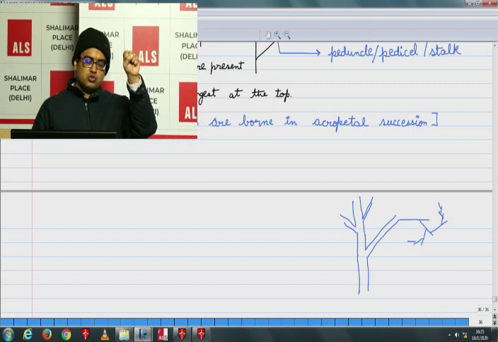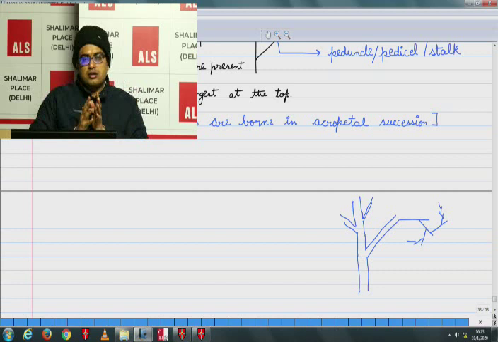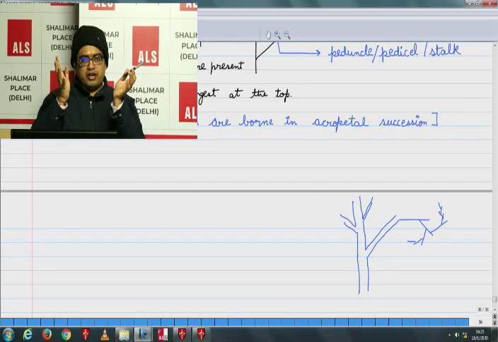Okay. So whenever this type of pattern is present, acropetal means it is growing up, dividing into smaller branches, even smaller branches and the smallest branches. Large, medium, small, smaller, smallest. So it is going to divide into successive branches.